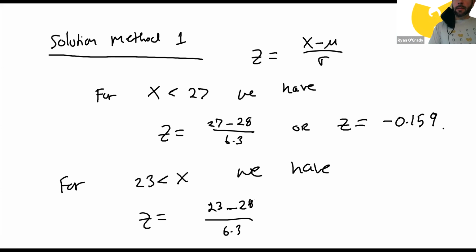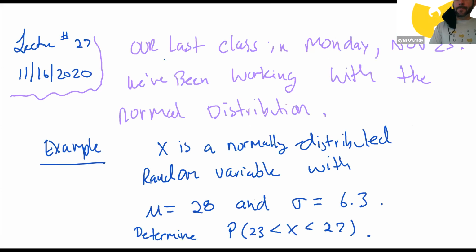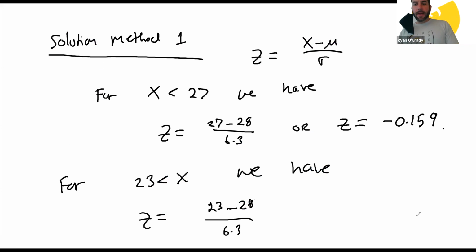Double check my math. Did I do 23? Yeah. And then this becomes -5 over 6.3, which if you go to a calculator, you get Z equals -0.794.